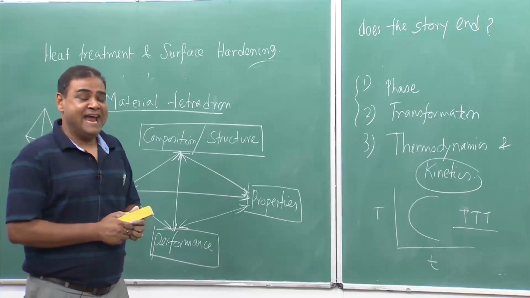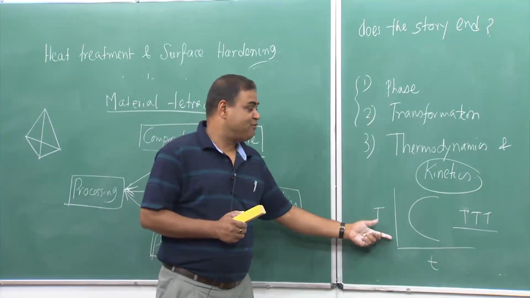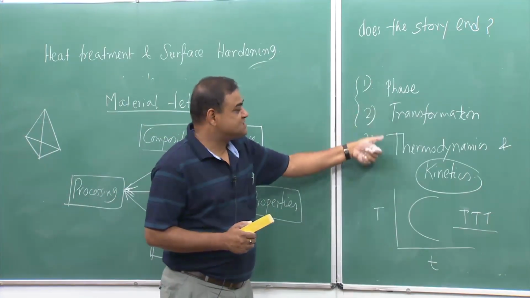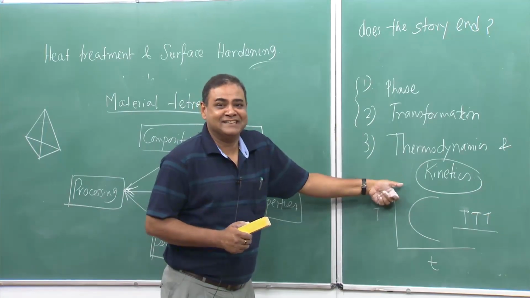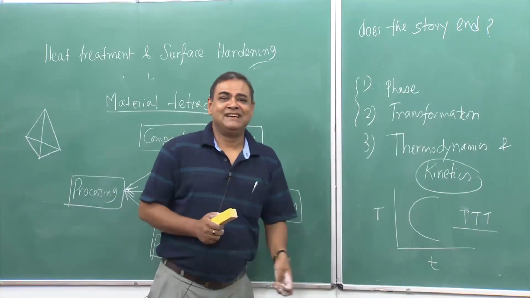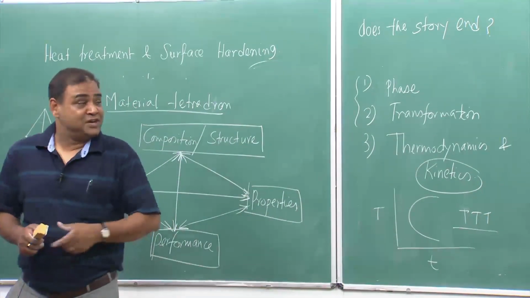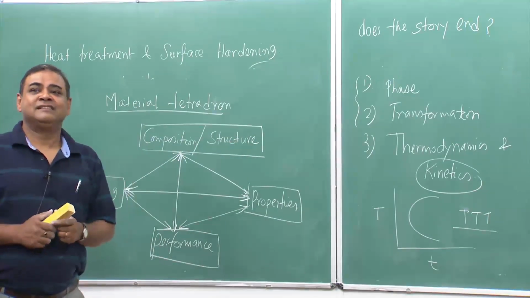So, let us end here. The final aim would be to see phase transformation, thermodynamics and kinetics in order to decide the time and temperature information to get the desired performance. Thank you very much.